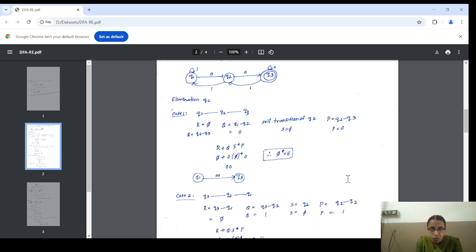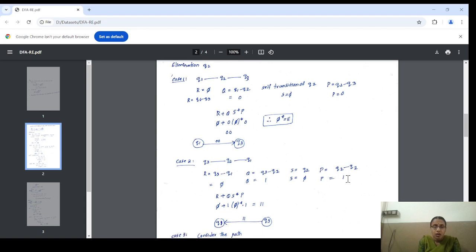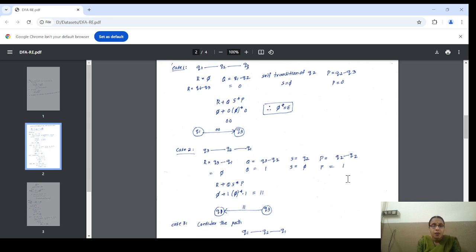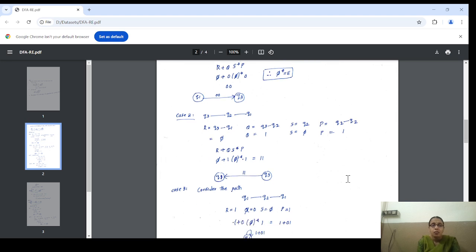There is no self-loop on Q2, so the value is phi. And P means Q2 to Q1, the value is 1. Then we substitute these values in the formula: R equal to phi, Q equal to 1, S equal to phi, and P equal to 1. So we get the value 11. So for Q3 to Q1, the value is 11.